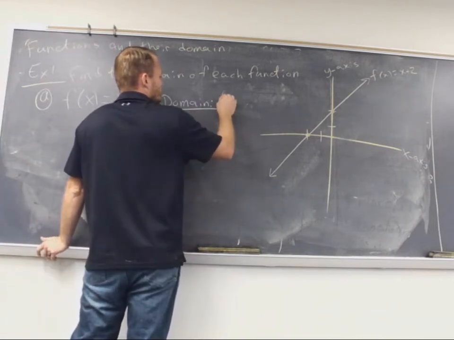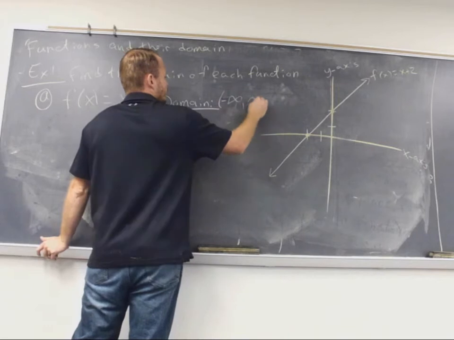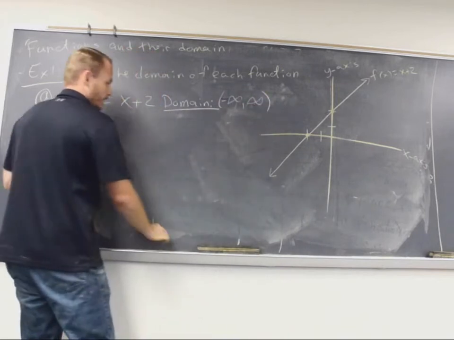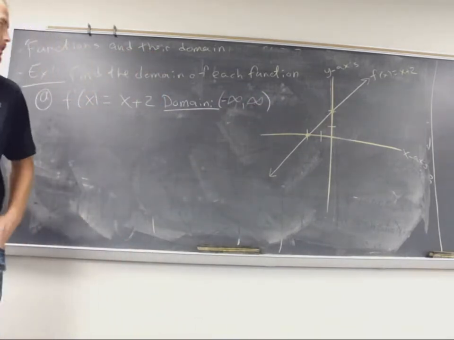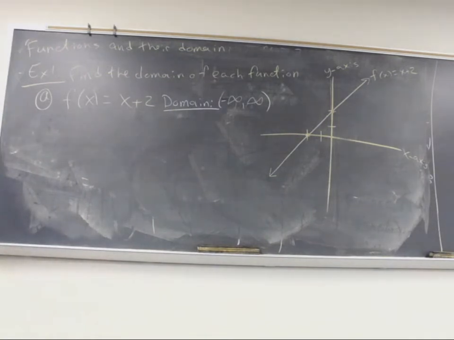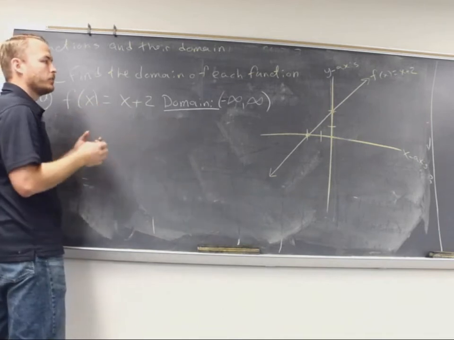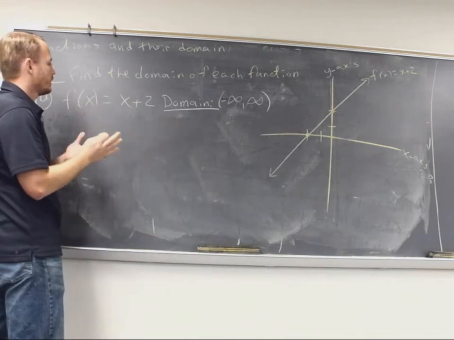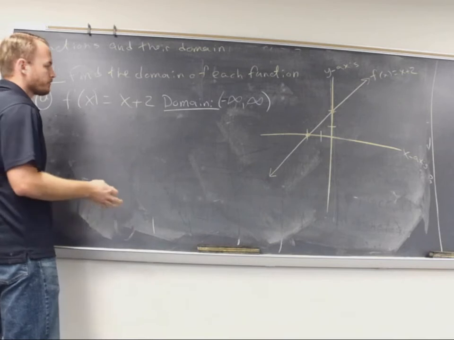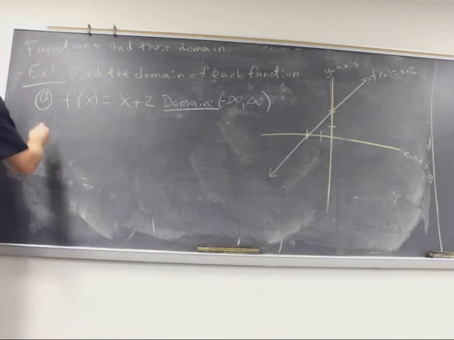Some of these functions, there's, I guess I'll call them little tricks. They're not tricks to figure it out. But with something like this, you just have to know it. This comes into play with anything that's a polynomial function, which means it's all on one line, there are no negative exponents, there's no division anywhere, then it's going to be all real numbers.